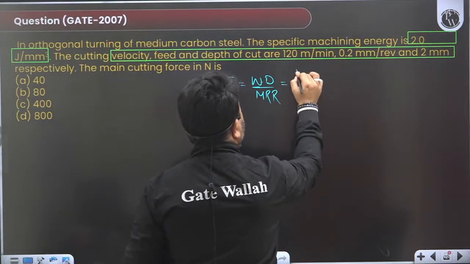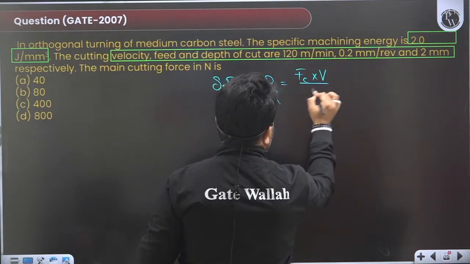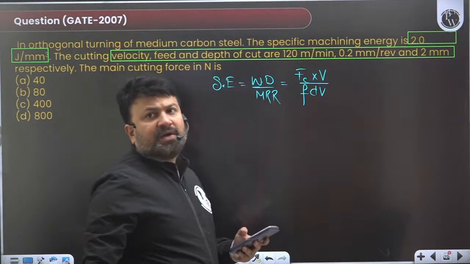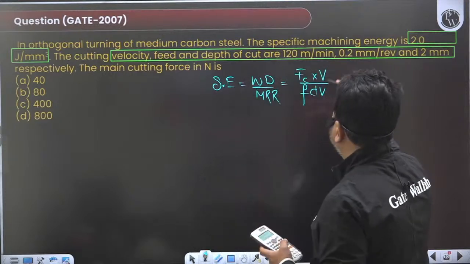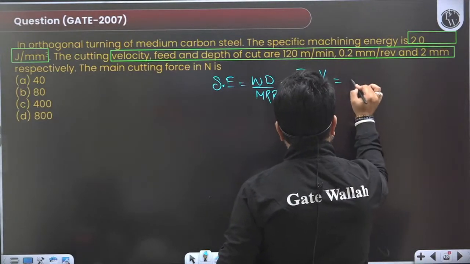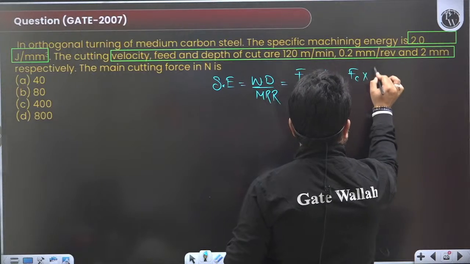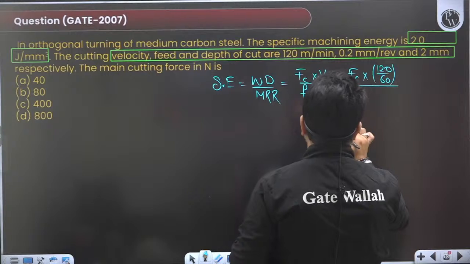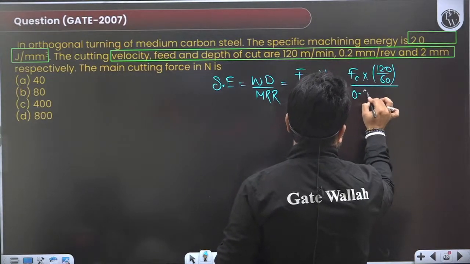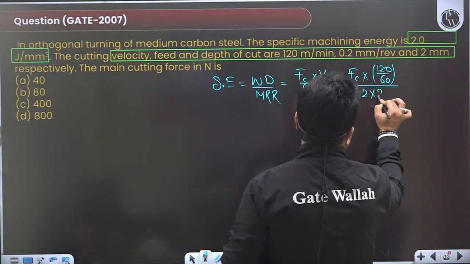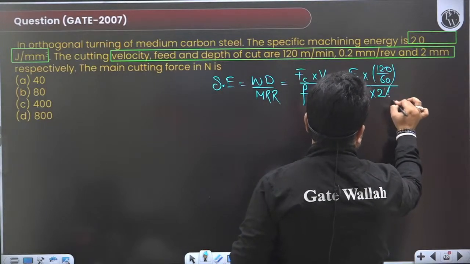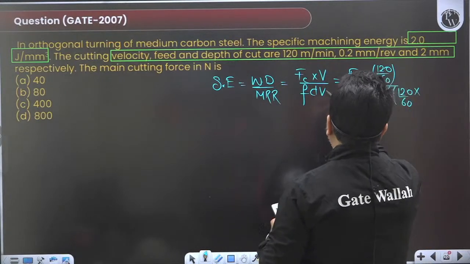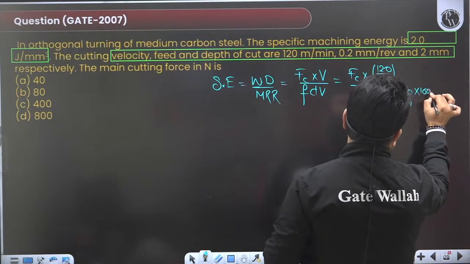Work done is cutting force into cutting velocity, divided by MRR, f into d into V. Cutting velocity is 120 divided by 60 meter per second, converted to mm per second, so 1000, divided by feed 0.2 into depth of cut 2.